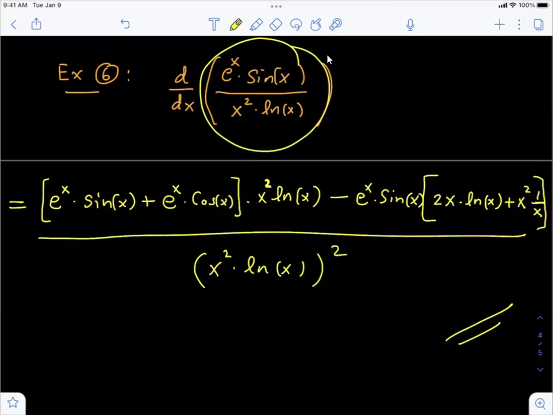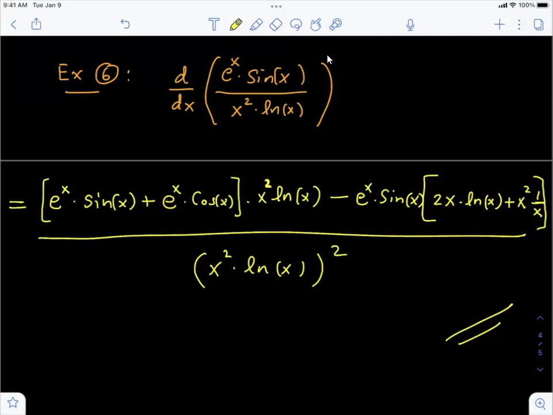Don't even try to read everything. Just look at the function, the structure itself. You can see something over something, a function over a function. That's how you begin with the overview, or the backbone of this problem, which is none other than the quotient rule, and everything else will be background information. When you need to take the derivative of the top alone, it becomes the product rule, but you need to wait until it appears.